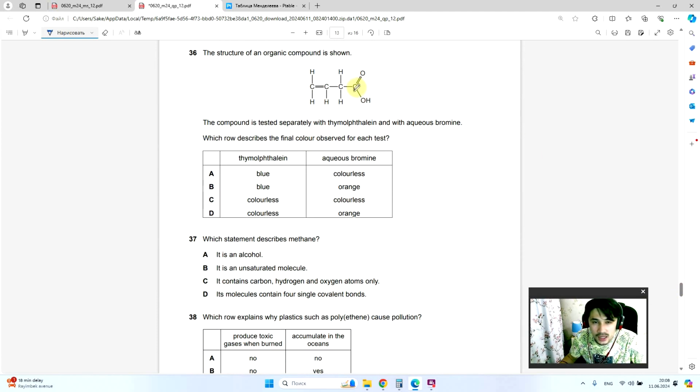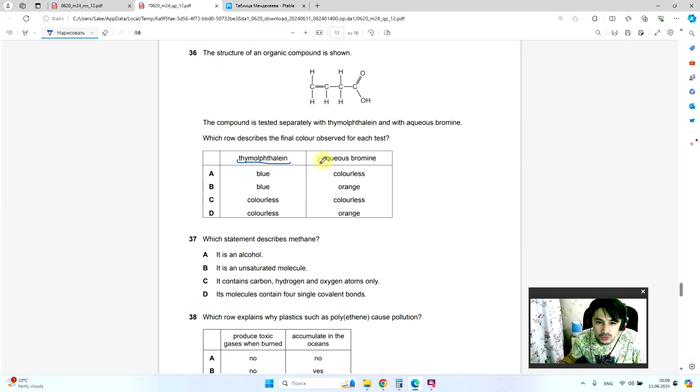Structure of an organic compound is shown. The compound is tested separately with thymolphthalein and with aqueous bromine. Which row describes the final color observed for each test? Okay, so for thymolphthalein and aqueous bromine, you need to know the color of this indicator in acids, bases, and in neutral solution.